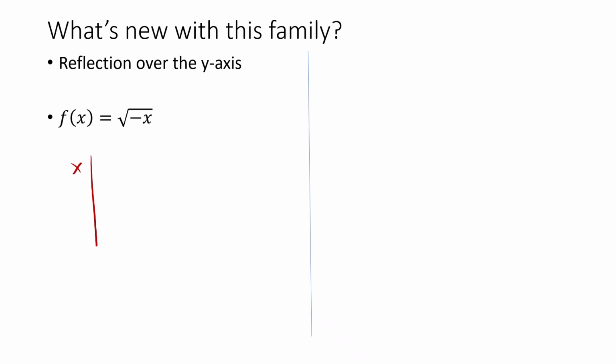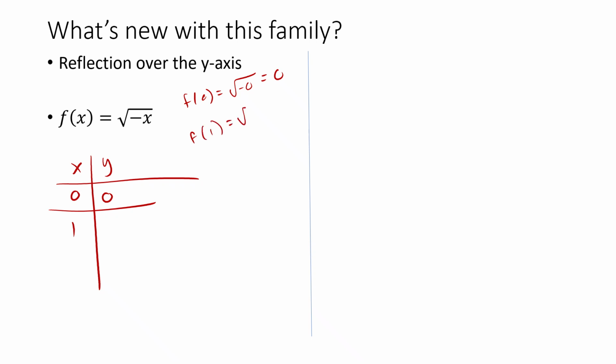So if we explore this with our table, okay, x is 0, that's fine. So you have f of 0, you have the square root of negative 0, which is just 0. Okay, so it starts in the same place. But if I try to put in x is 1, because of that negative, now I'm kicked over to these imaginary things.